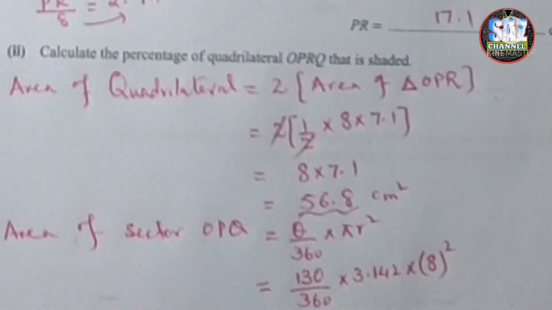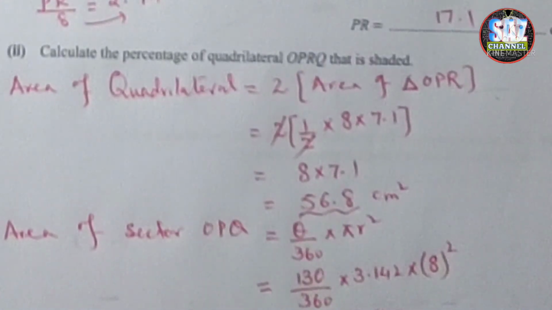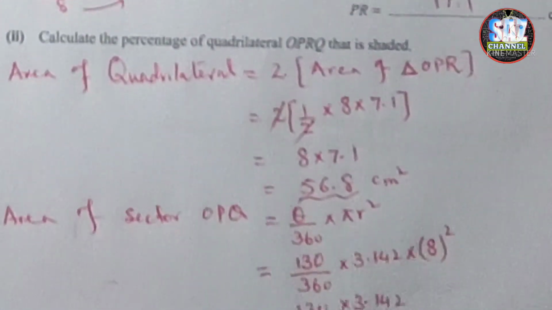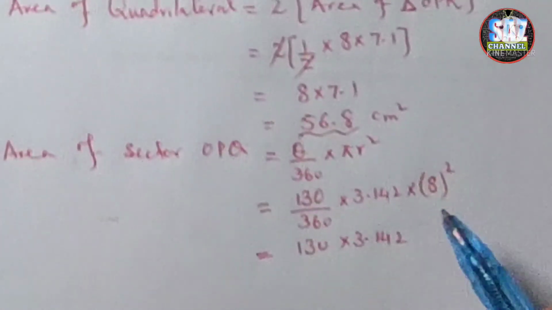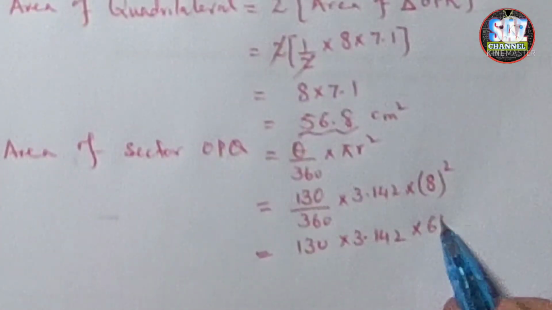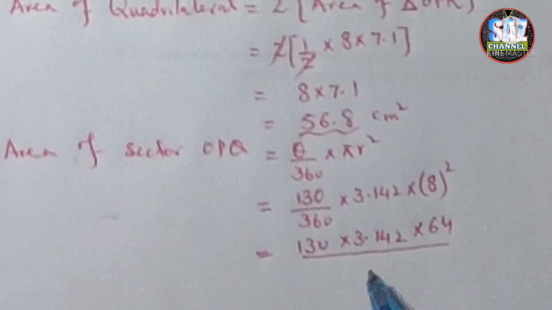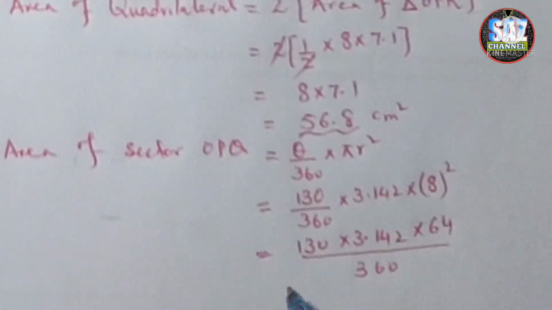Now what we can do is 130 multiplied by 3.142 multiplied by 8 square, 64, divided by 360. Now simply hold your calculator and get the answer of the product.